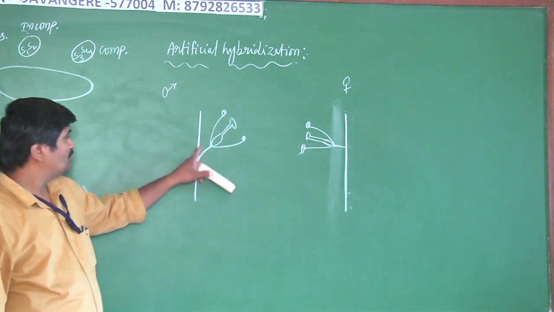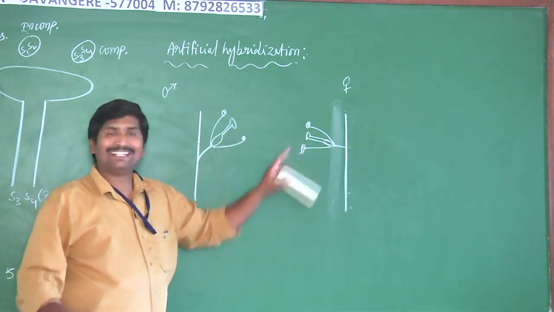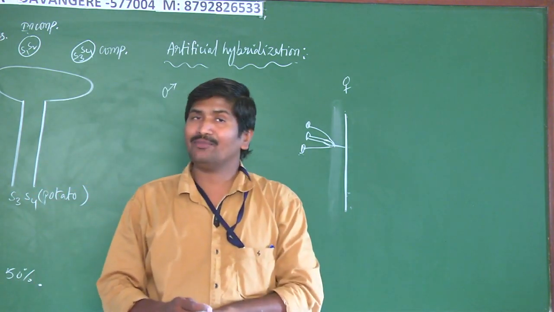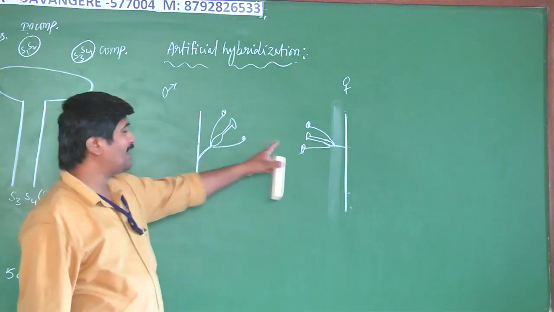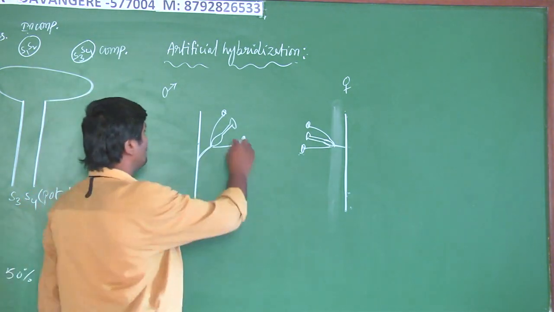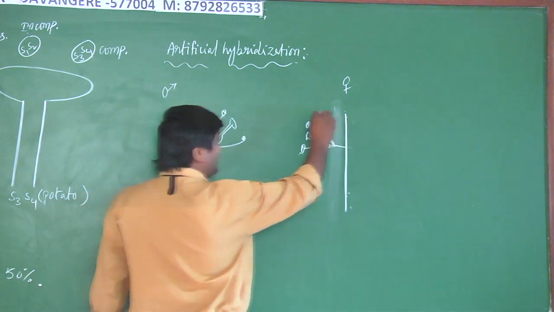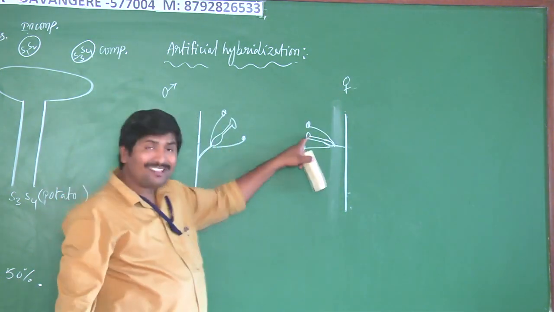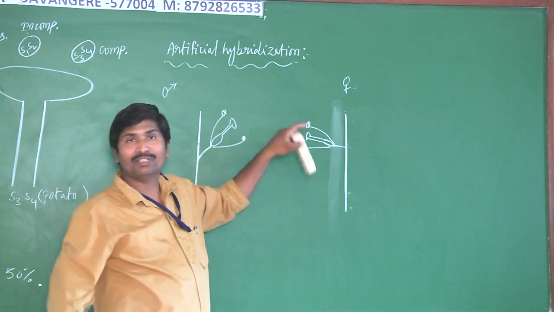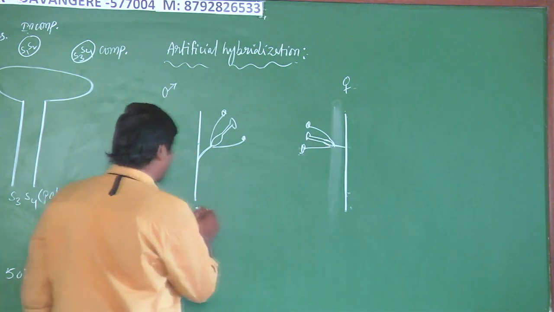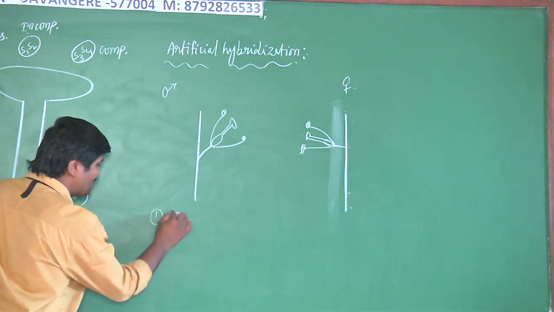See here. First, select the desirable characters of the parents, the male parent and the female parent. They have very good qualities in their plants. In the selected female parent, the flowers are bisexual, so the first step is emasculation.